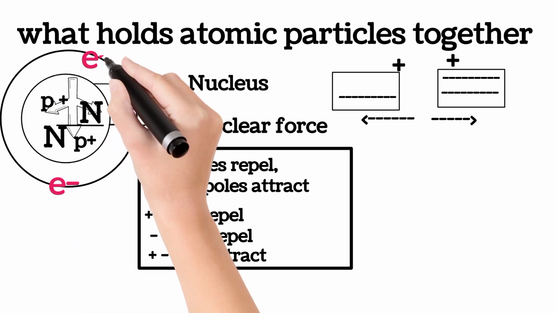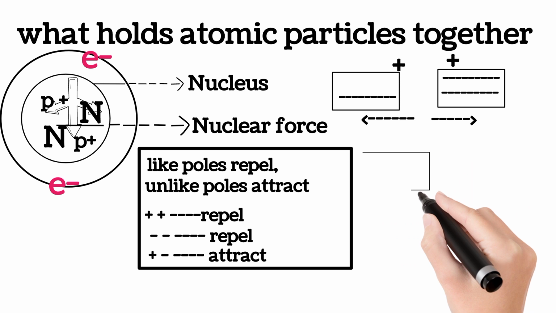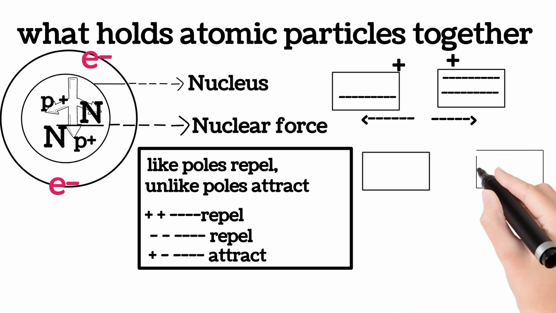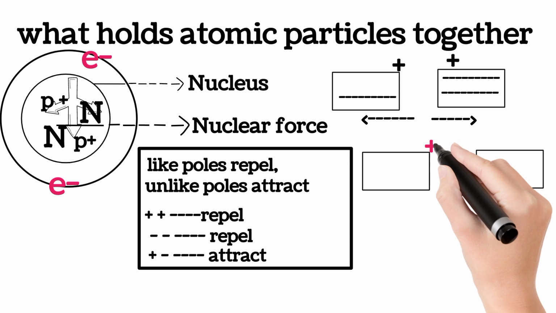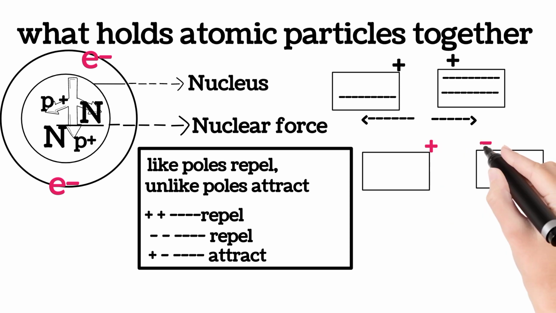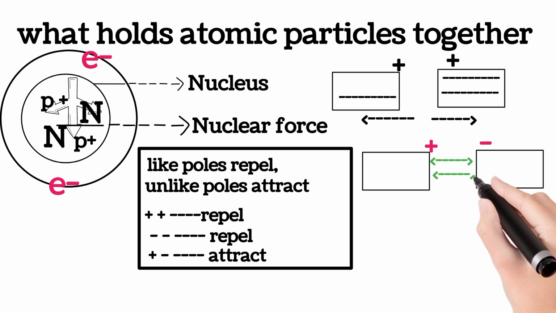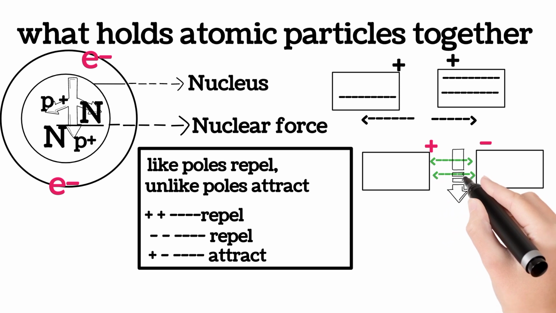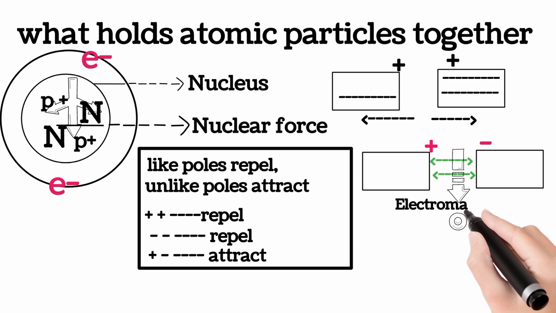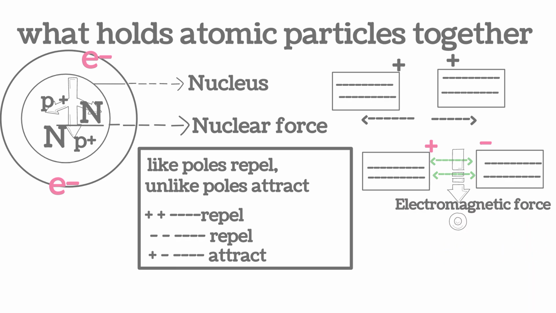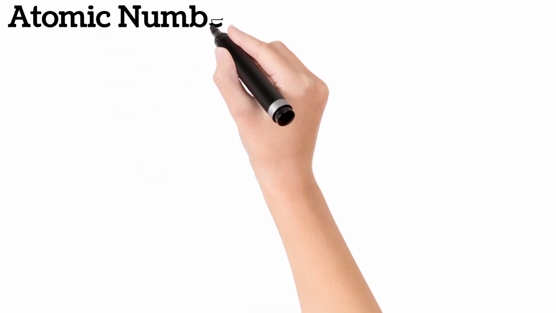Now in the shell we have the electrons, which are negatively charged and are attracted to the protons, which are positively charged, in the nucleus. Now, according to the law of electrostatics, unlike charges will do what? Attract. So the electron and the proton, which attract each other, are held together by what? Electromagnetic force. They are being held together by electromagnetic force.